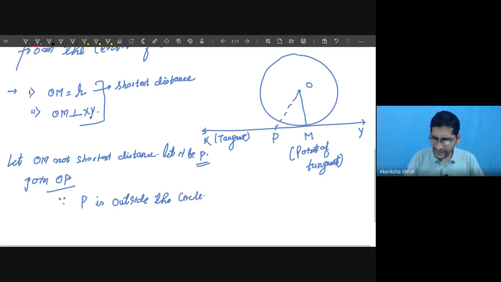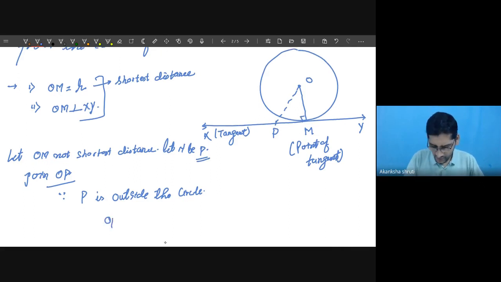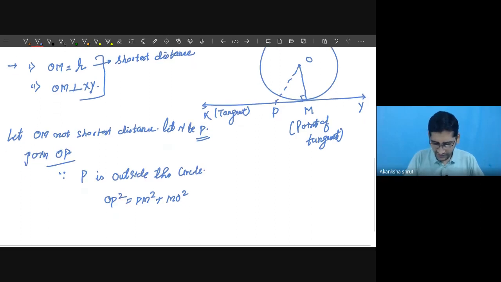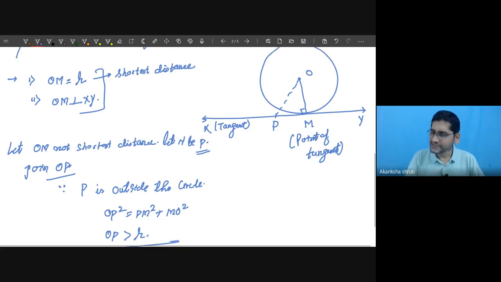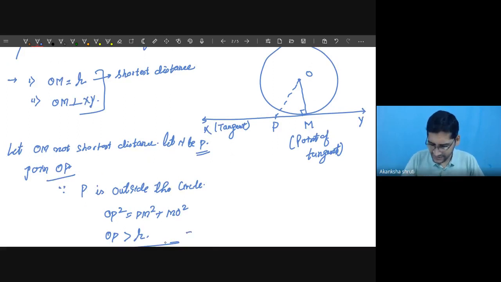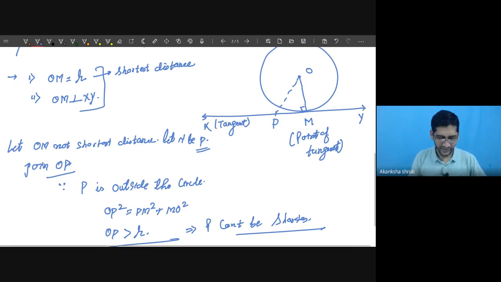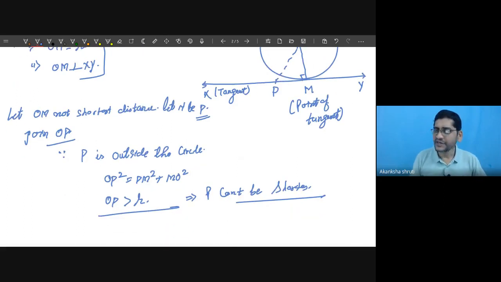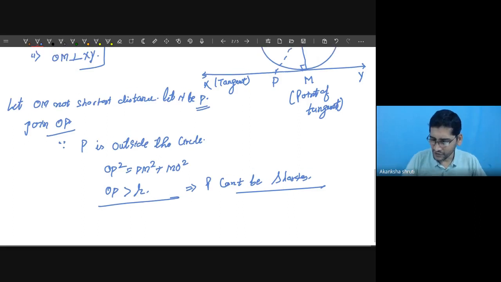While P is outside the circle, we can write OP² = PM² + MO². It's obvious that while it is outside, this OP will be greater than our radius R. Therefore, this P cannot be the shortest. Another case: if we consider a point P inside, then what is the possibility?